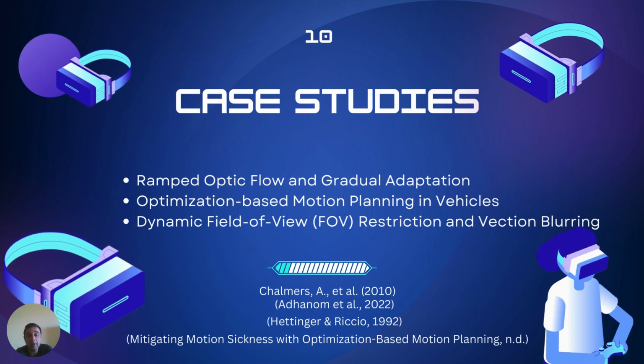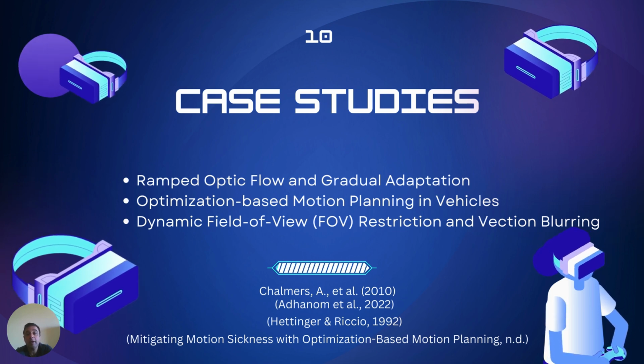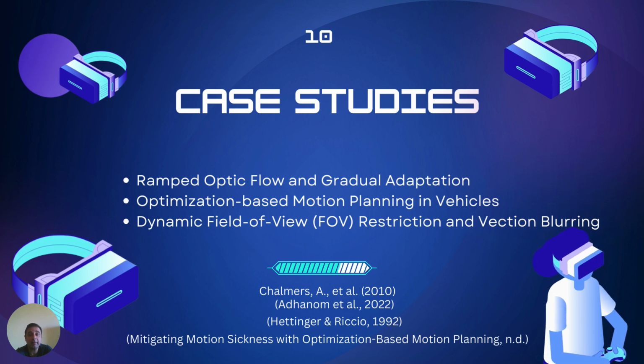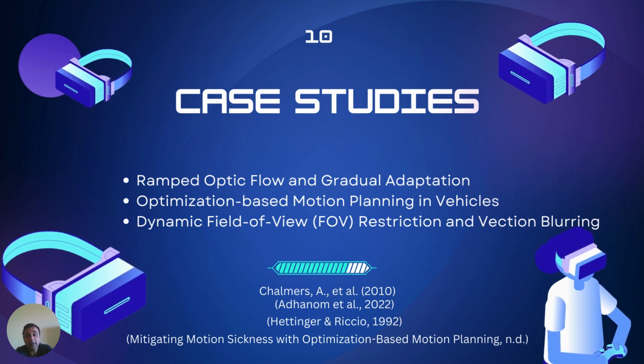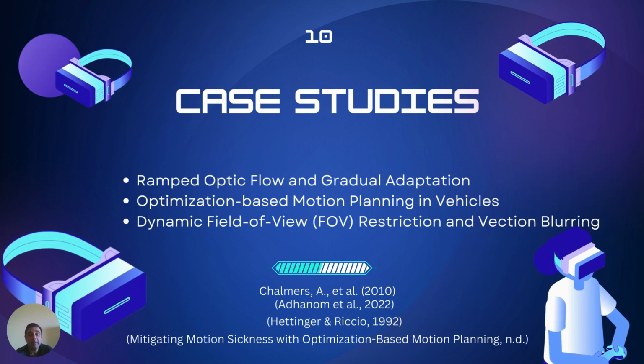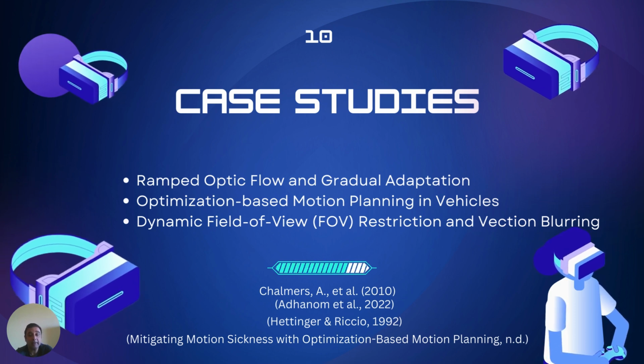The second one is optimization-based motion planning in vehicles. A study published on arXiv detailed the development of an optimization-based motion planning algorithm designed to minimize motion sickness in automated vehicles.